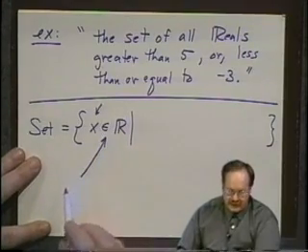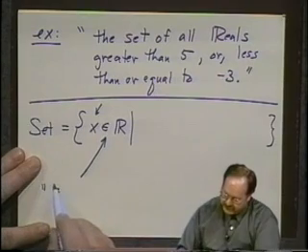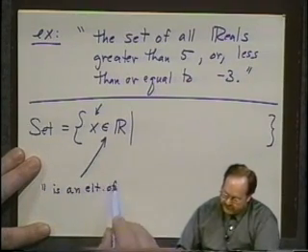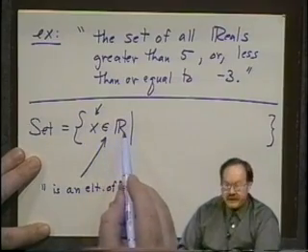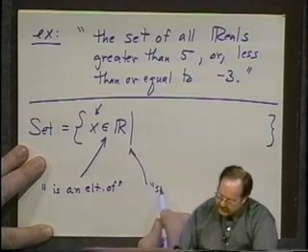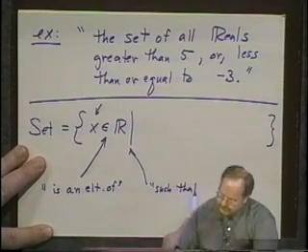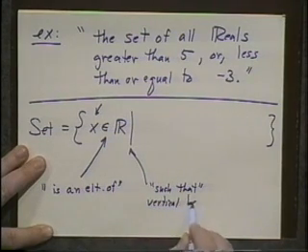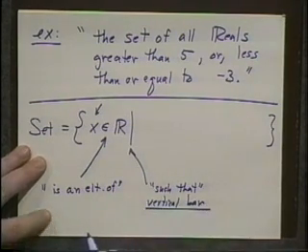It stands for element of. So we can read this as is an element of. So x is an element of the real numbers. This vertical line is read such that, and it is, of course, a vertical bar.